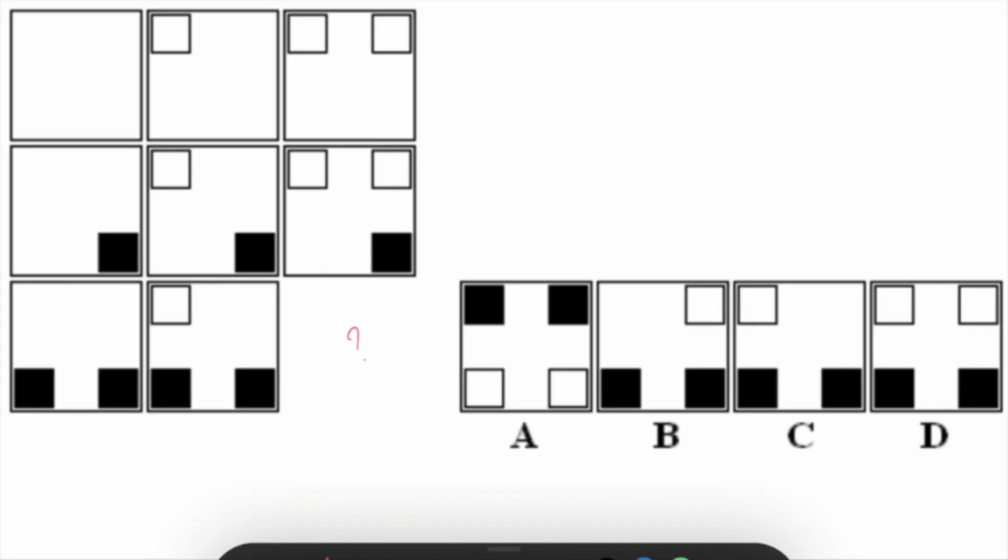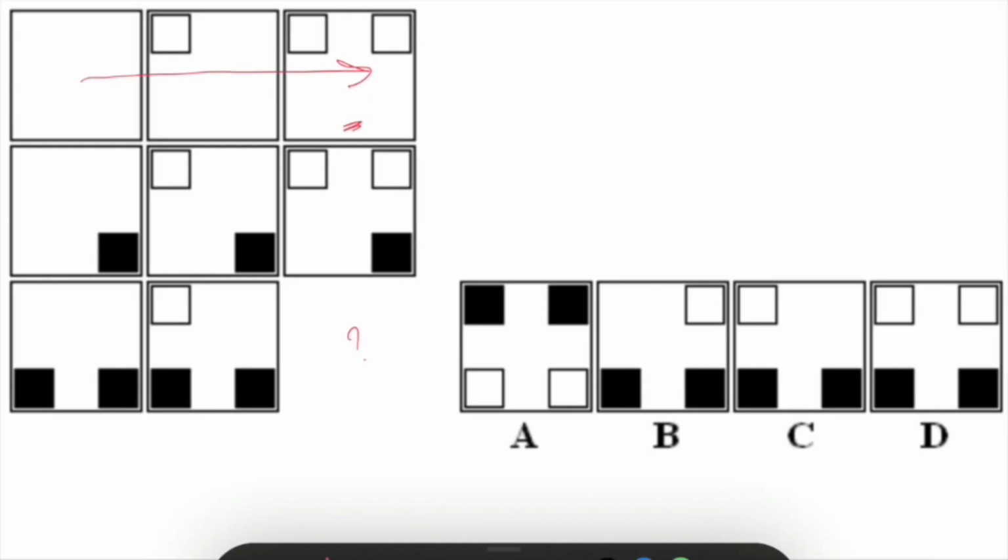Okay, if we check the seven boxes vertically and horizontally, let's try horizontally. We see this row in which the first one is blank. There is one addition of a white box in the upper left corner, and when it moves here, we have another addition of a white square in the upper right corner.